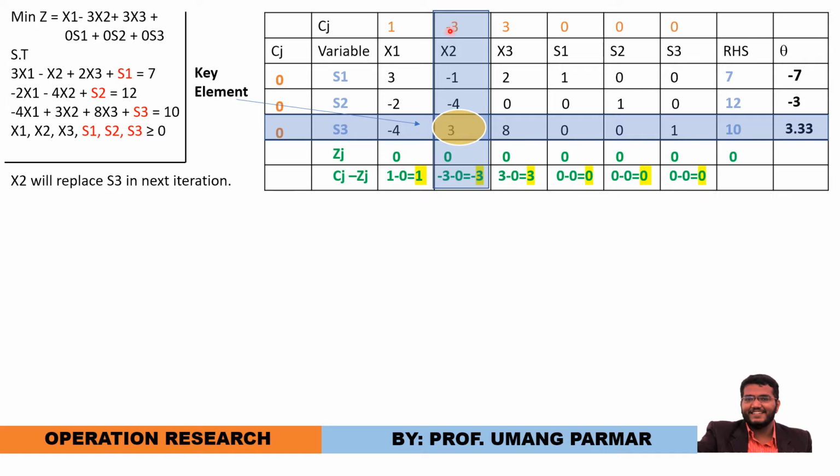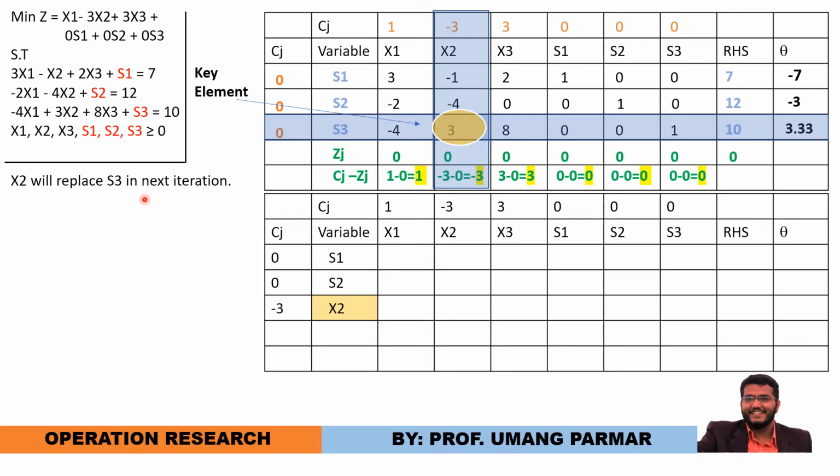The key column variable always replaces the key row variable. So we write down the new simplex table where our first two rows, S1 and S2, will be the same. Just in place of S3 we now have X2. This is the only change.